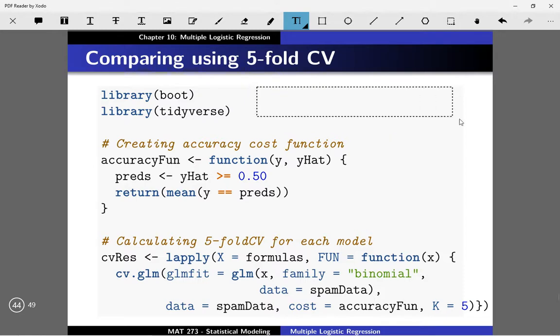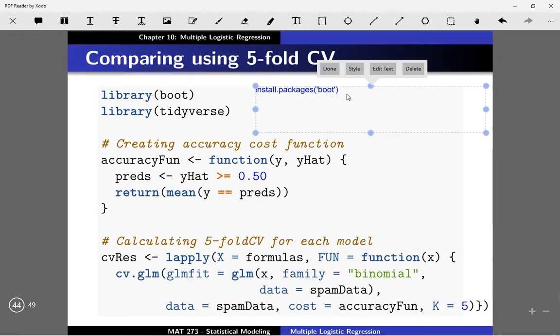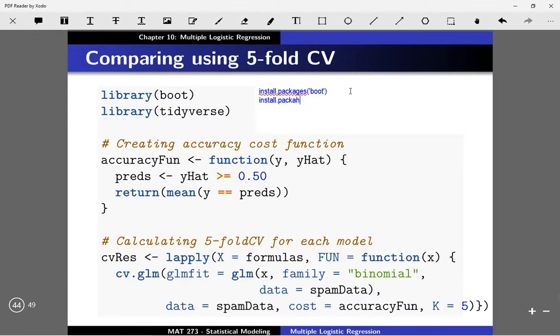So again, just like for the other times we use R packages, the first time you run this on your machine, if you haven't already, you'll have to install the boot package prior to loading it using this install.packages boot code here. And then similarly with the tidyverse here. The tidyverse package is really big, so it will probably take a bit on your machine to install that, and that's okay.